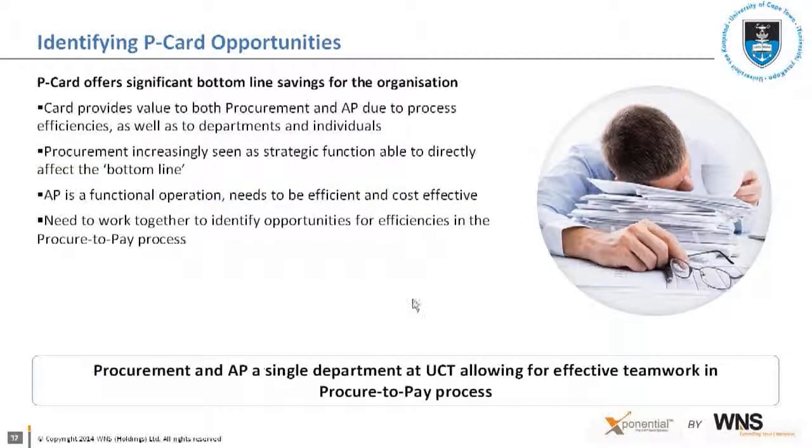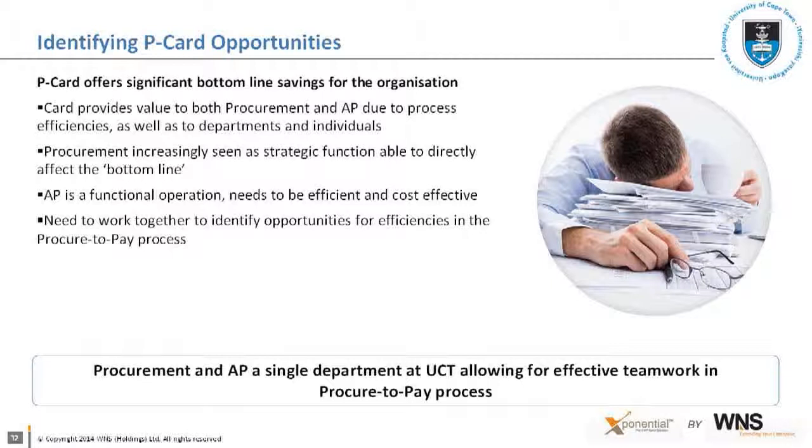So just to have a look at that, the card provides great value both to procurement and accounts payable because of process efficiencies, as well as to the departments where the actual purchases are sitting, and to individuals for whom it's obviously a very convenient tool.